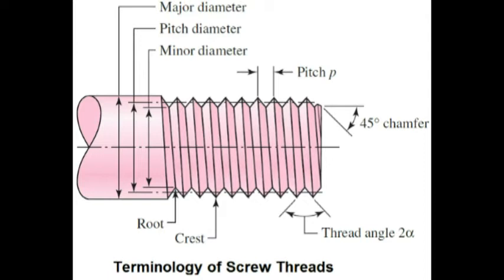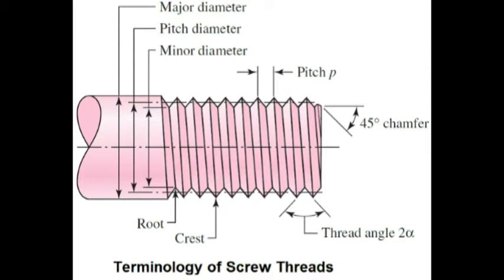Now crest. Crest is the prominent part of the thread, that means the top surface which joins the two sides of the thread. Next, root. Root is the bottom of the groove between the sides of two adjacent threads.